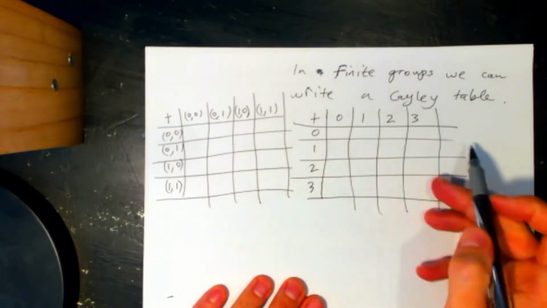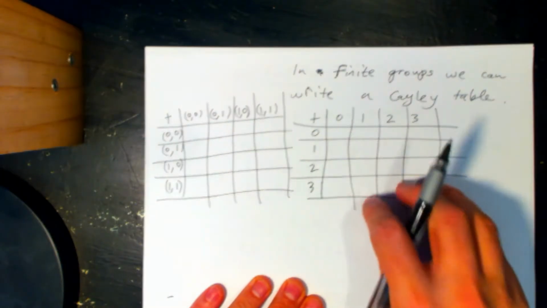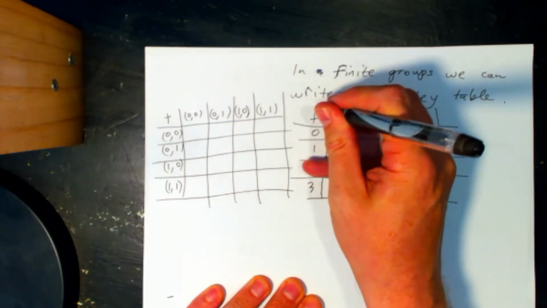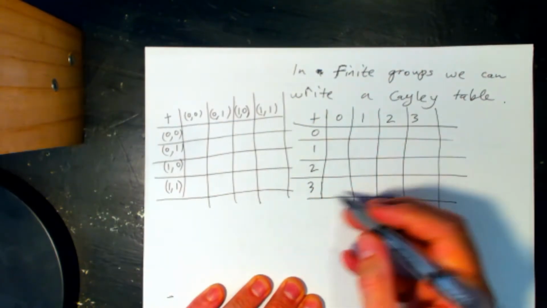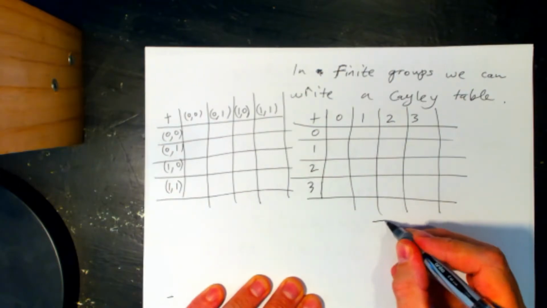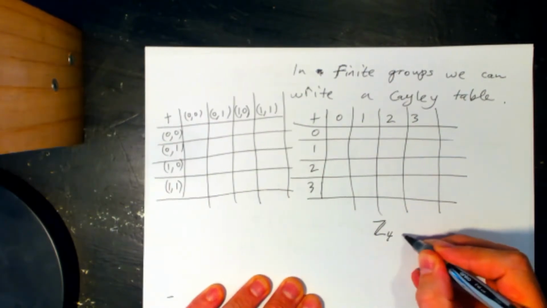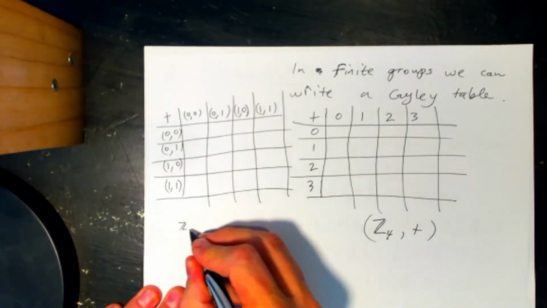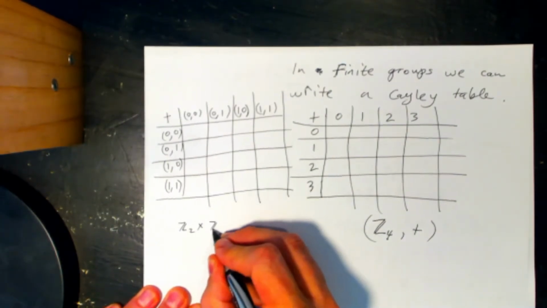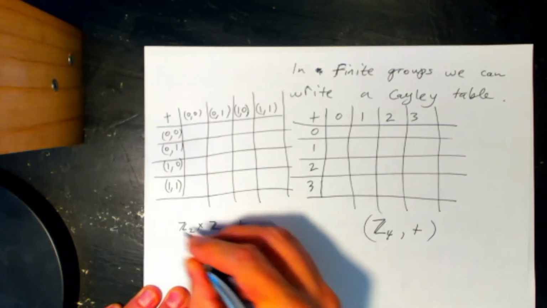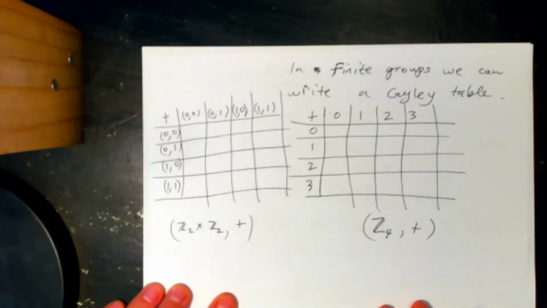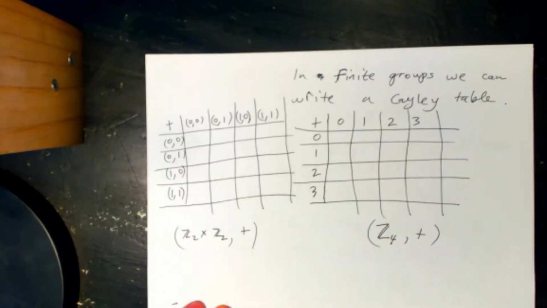Okay, so let's just take all of the sums here for this simple integers mod 4. So up here, I guess, or actually down, let's write it down the bottom. So integers mod 4 under addition here, and on this side we're looking at integers mod 2 cross integers mod 2 under addition. And these are two different groups, right? We've seen they don't have the same structure.